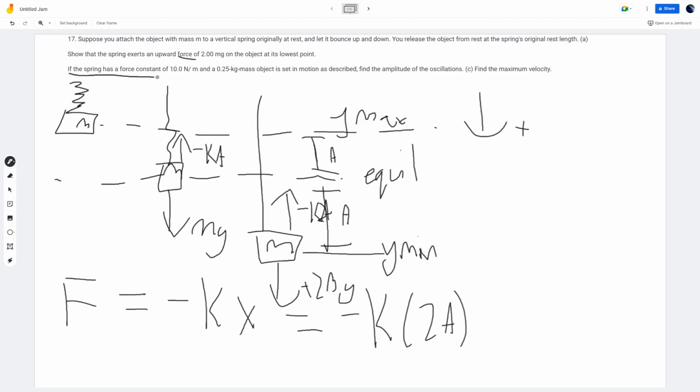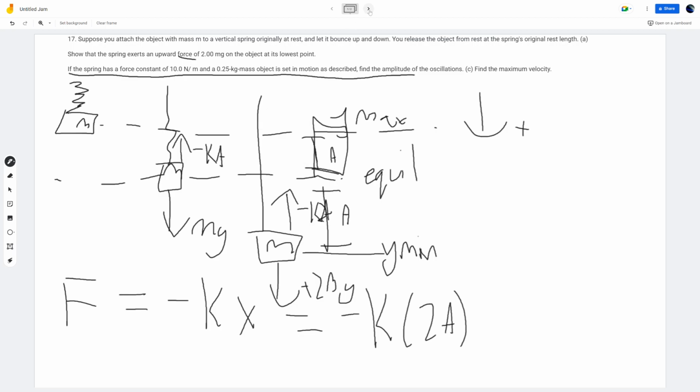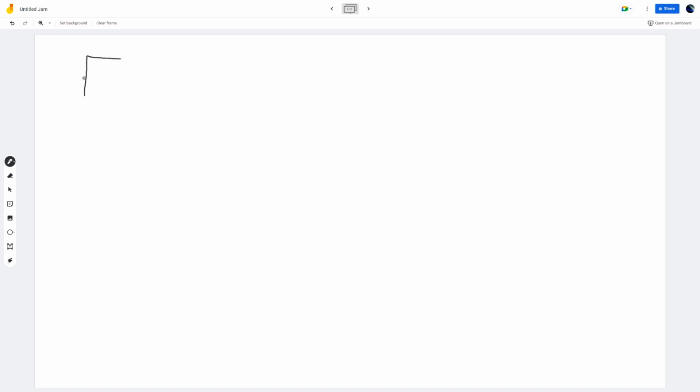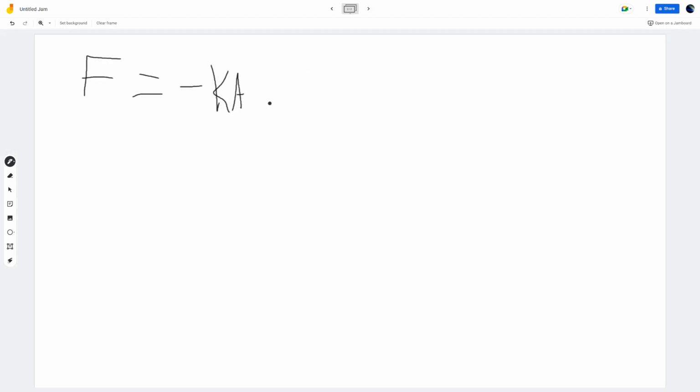So then if the spring has a constant of 10 and it's a 0.25 kilogram mass, find the amplitude of oscillation. So basically, the amplitude I'll say is A, right? And so basically set up a force equation. So negative kA, we know at equilibrium, that's going to equal mg, because basically this is just the distance it falls from being held up.